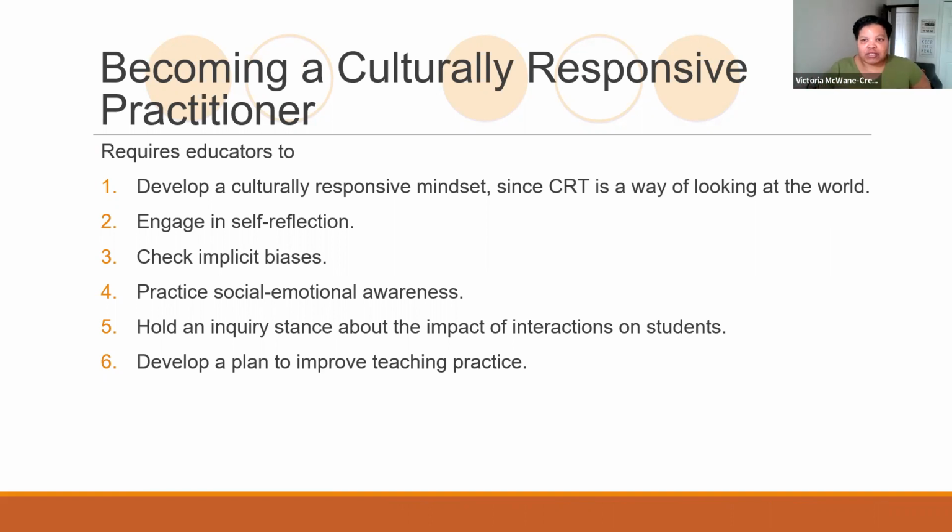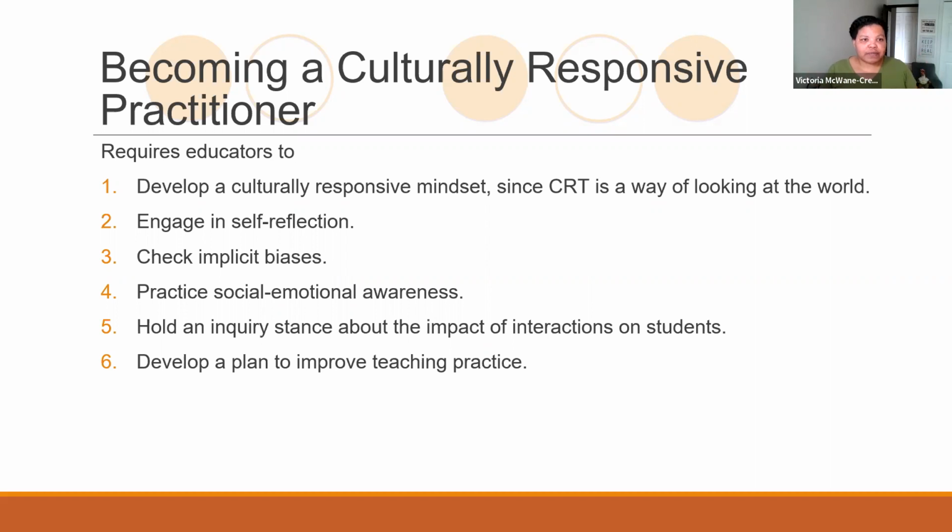As you can see on the screen, being able to be culturally responsive really requires us to do a few things. We have to have that mindset that that's how we're going to engage. We need to be self-reflective. We need to be able to identify and mitigate those implicit biases. We've got to practice social emotional awareness and hold that inquiry stance, right, about the impact of our interactions on our students.